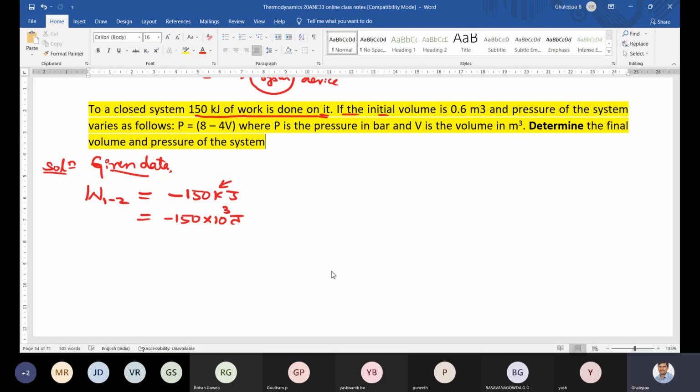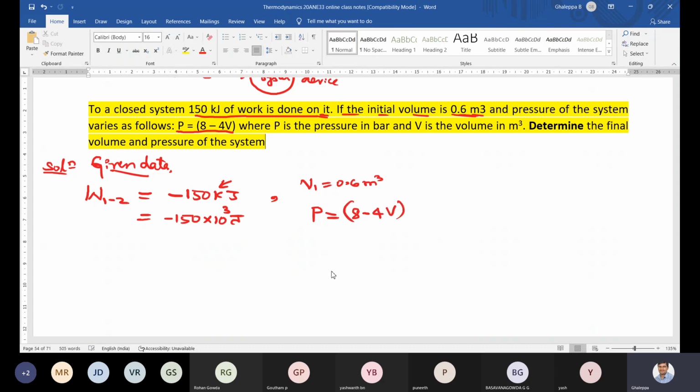If the initial volume is 0.6 meter cube, which value is given? V1, 0.6 meter cube. And pressure of the system varies as follows. He has not given directly the pressure, but pressure depends on the volume like this.